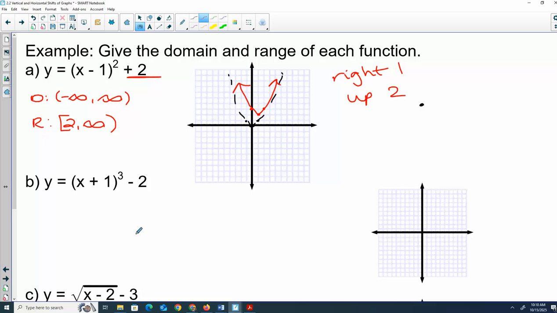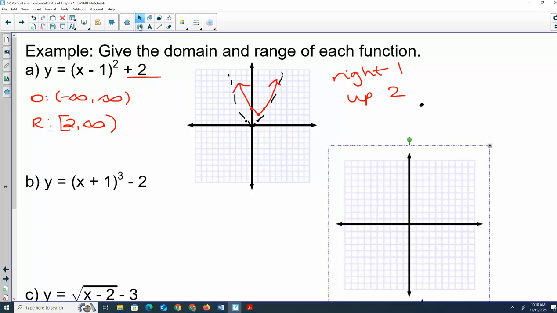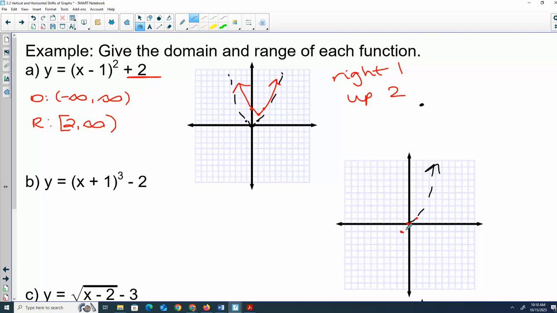On B, do you know what your domain and range would be? What's the x cubed look like? So if I graphed my chair, how is this graph getting moved?